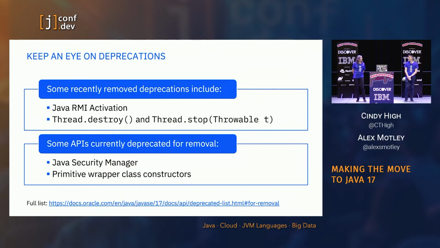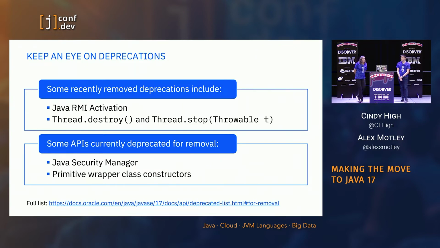Even in our tools, we've gotten more serious. In the past, we haven't really flagged deprecations and just let the IDEs tell you about those. But we've gotten more serious in our tools and encourage you to look at those more closely. If you realize you're using things that are deprecated for removal, there's a good chance that it will come out, and you'll need to make adjustments for those.